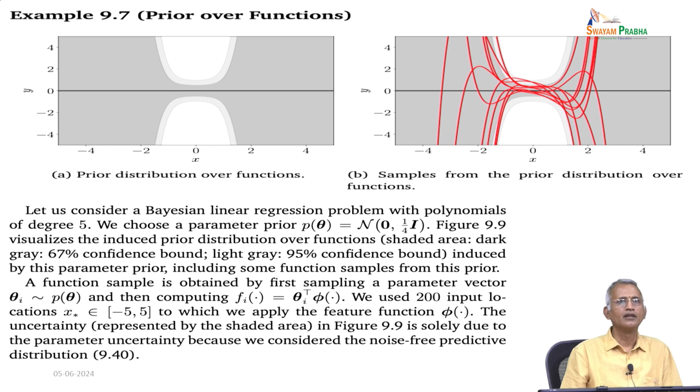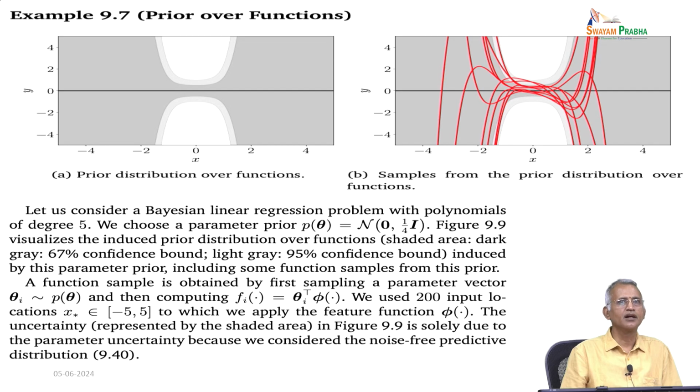The picture is for p of theta equal to N of 0 comma 1 by 4 I. This is a polynomial of degree 5, and it induces a distribution over the function. The shaded area in dark grey is a 67% confidence bound, and light grey is a 95% confidence bound.